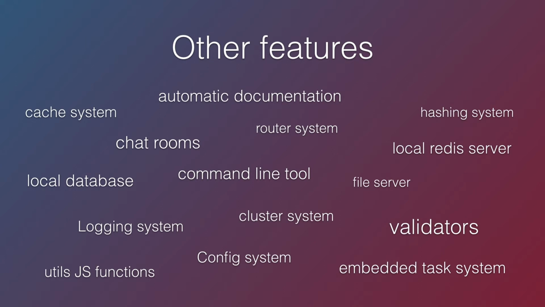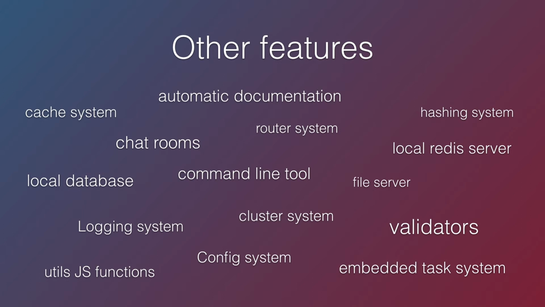Other cool features. We have a cache system over Redis. We have a chat room that allows creating bidirectional communications between the client and the server. Local database, yes, because you don't need to set up a database or a Redis instance or a MongoDB instance to get started developing your APIs.